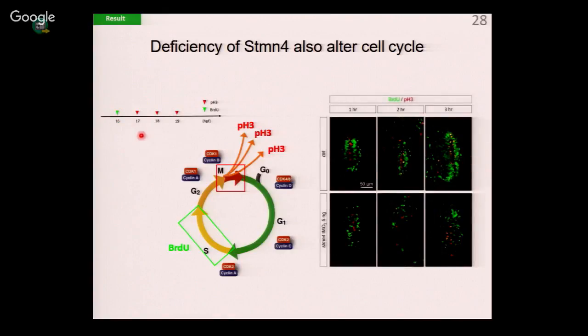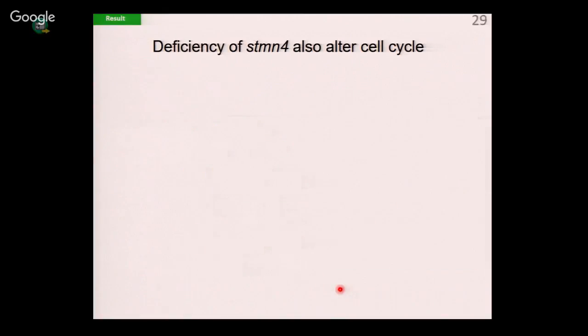At 18 hours post-fertilization, they incubated another group of embryos, which were also incubated with BrdU at 16 hours post-fertilization, and investigated the expression as we showed in the middle line. The same as the third line, which were incubated with pH3 at 19 hours post-fertilization.